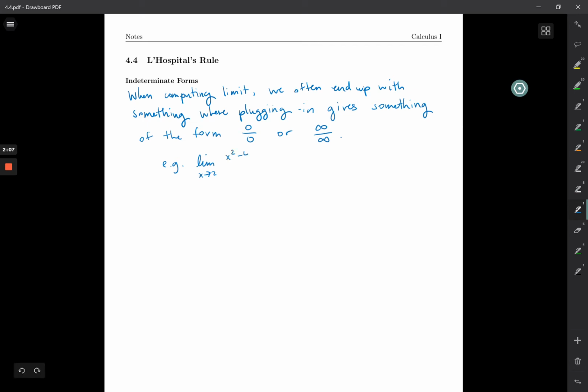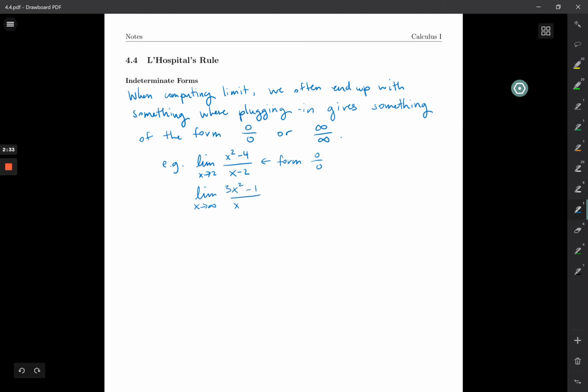We usually get something like this, where this would be of the form, so I won't write it's equal to, but I'm just being careful. So this is of the form 0 over 0.